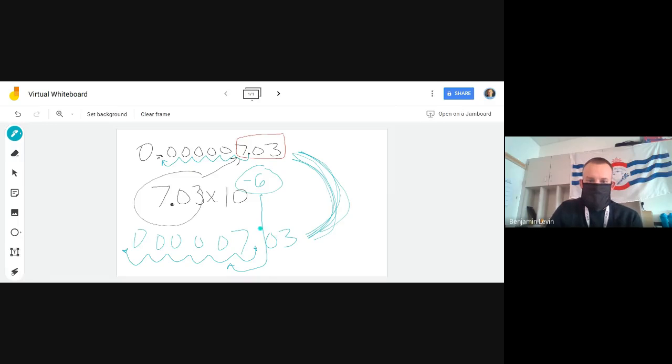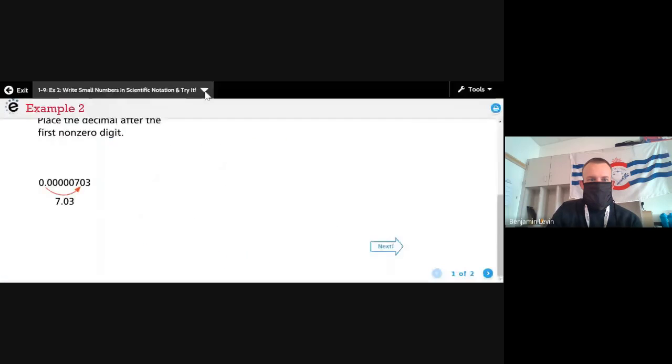So let's see if we got this right. We came up with 7.03 times 10 to the negative 6. Oh, it's not going to let us. That's weird. I don't know why it didn't let us. Oh, all right. Now it's going to do it on screen. We move the decimal point past our first number, right? 7.03, because we need one number to the left of the decimal.